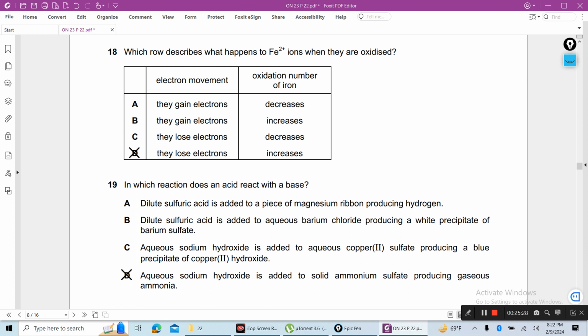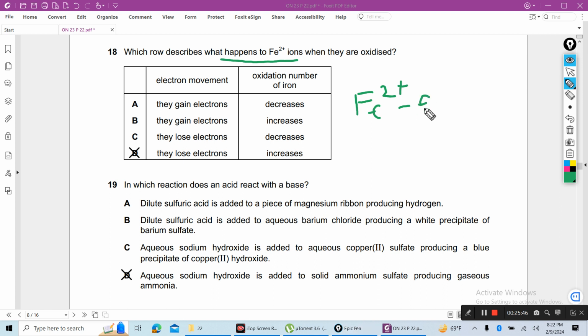Which row describes what happens to the iron(II) ions when they are oxidized? Iron(II) ion is oxidized. Iron(II) ion oxidized means it loses an electron, and it will form an iron(III) ion.